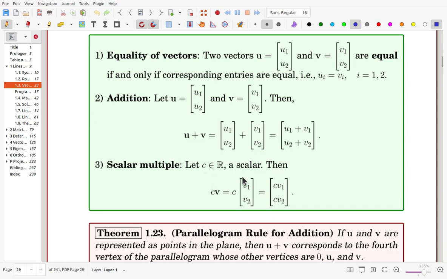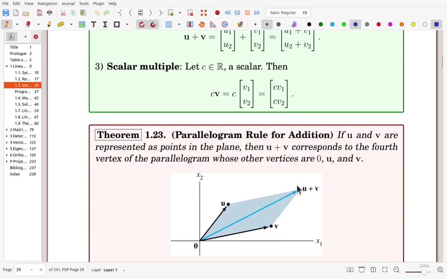Here c is a scalar, which means a real number. Then we can multiply the vector v by a scalar c. Then c will be multiplied for each component. That is the definition of scalar multiplication. Okay. Quite naturally, we define it this way.